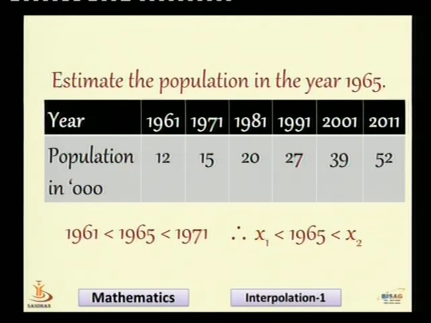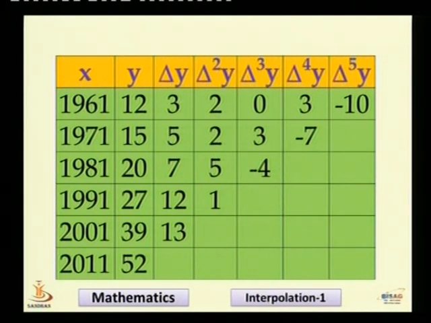And if we analogize this with x lying between xk and xk plus 1, we have k is equal to 1. Now, when we substitute this k equal to 1 in the interpolating polynomial, we may be able to compute the value of the population for the year 1965. Before that, we need to compute the value of u.